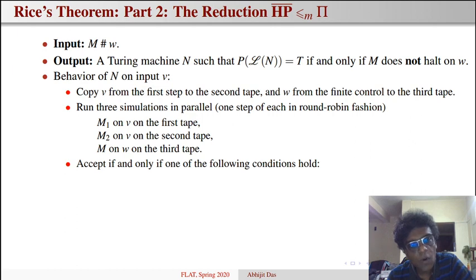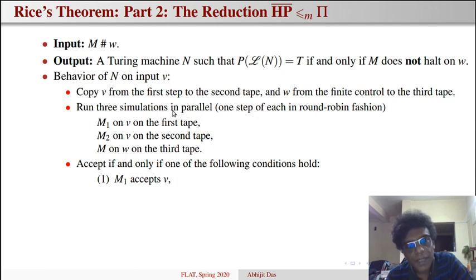Either M1 accepts V. All the simulations are running in parallel, so if M1 accepts V, then irrespective of whether M2 or M halts on their simulations, there is no need to continue with the simulation. N immediately halts after accepting.